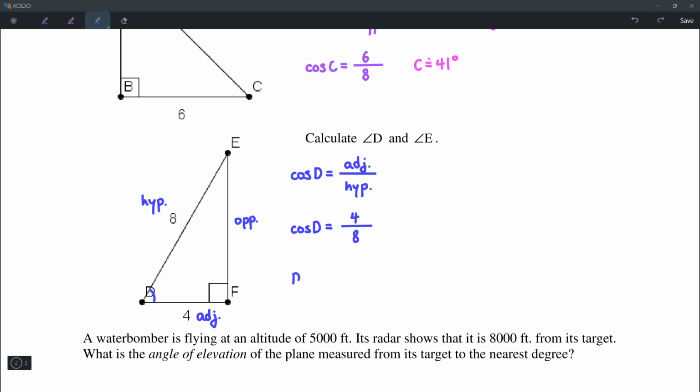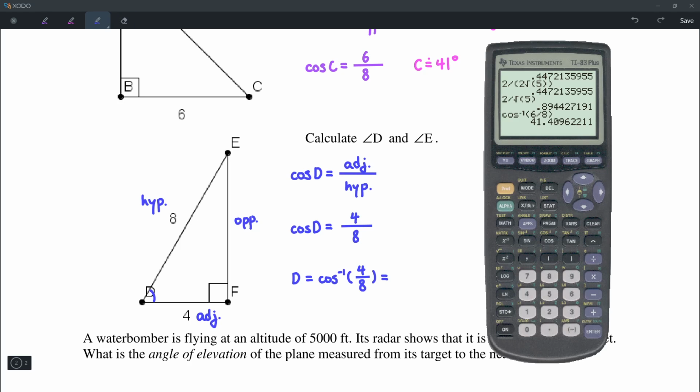So D is equal to inverse cosine or arc cosine of 4 over 8. Which is equal to, let's use a calculator, inverse cosine 4 over 8, which is 60 degrees.